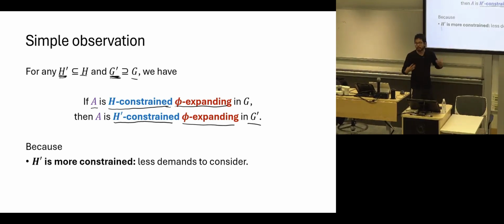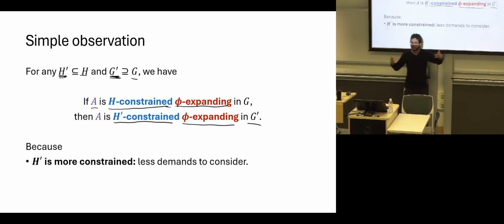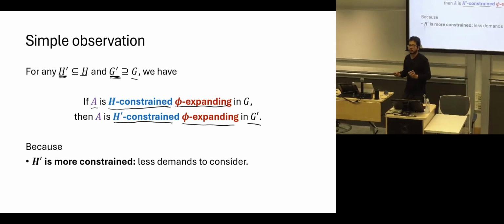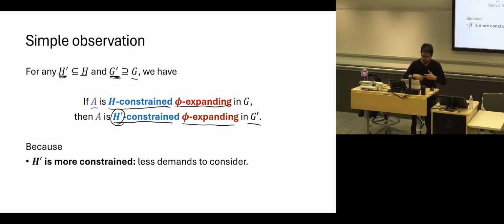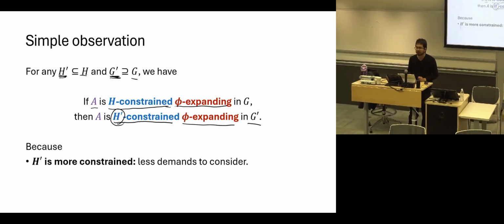H prime is a subgraph, so the strongly connected components of H prime are even more fine-grained. It breaks components. So there are even fewer demands to consider that you need to route with low congestion. Whenever this is a subgraph, it's just easier to be expanding. If H prime is an empty graph, then basically you don't need to route anything.